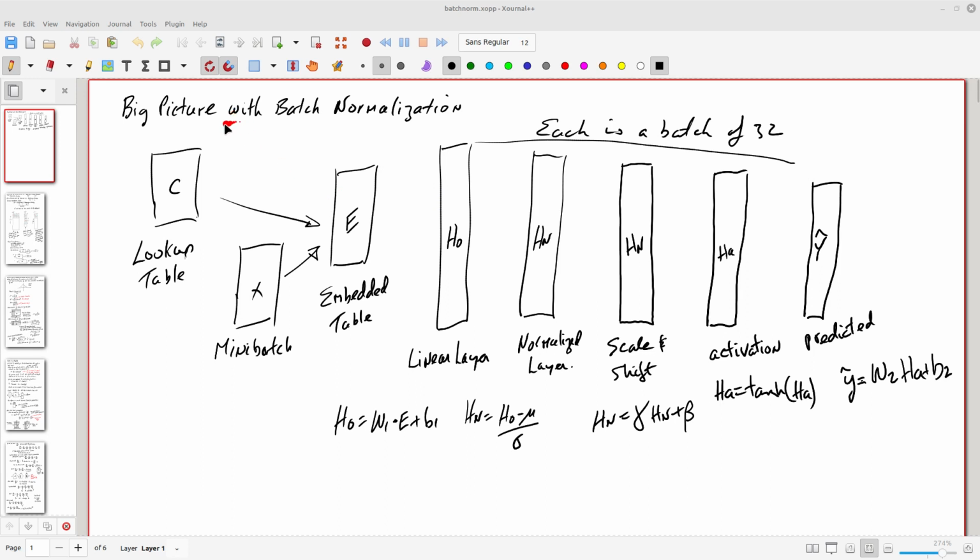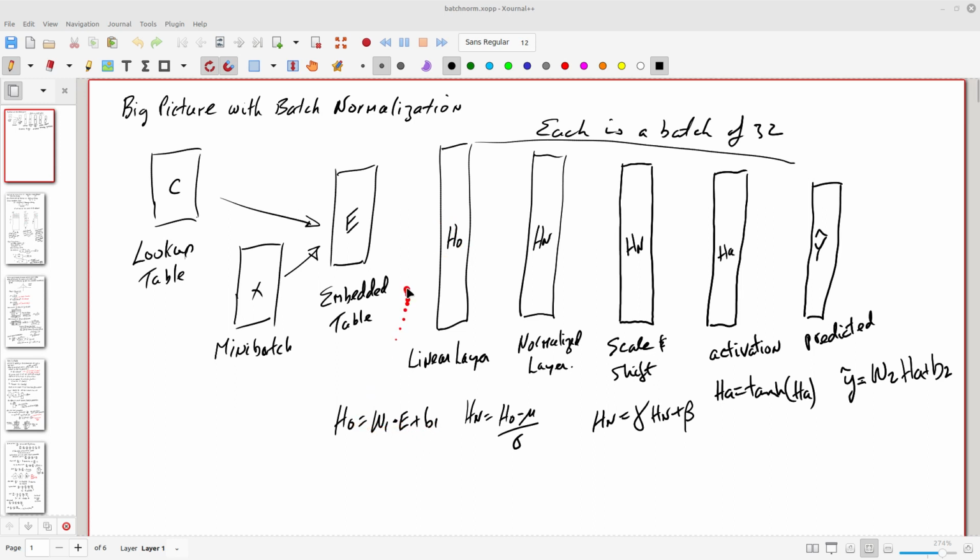Okay, so this is a big picture of batch normalization. So we start off with our lookup table. We have our mini batch here of our inputs, X. And together we combine these into an embedded table. And this embedded table now becomes our input. And you can see that our first layer here, HO, is W1 times E plus B1.